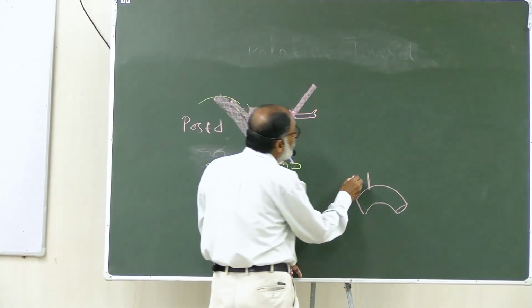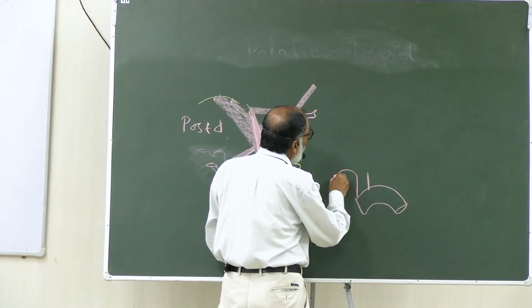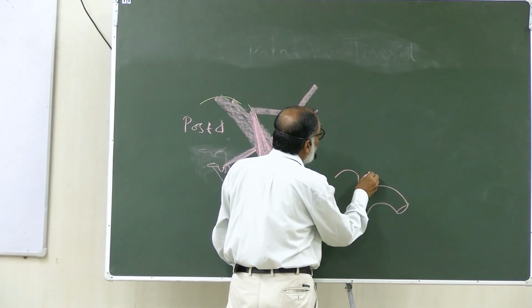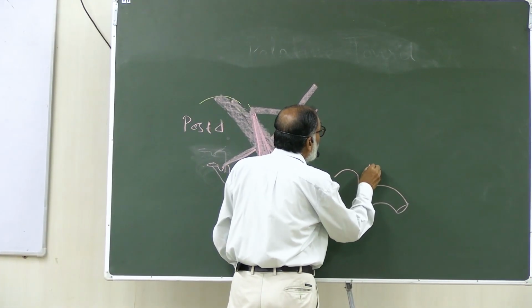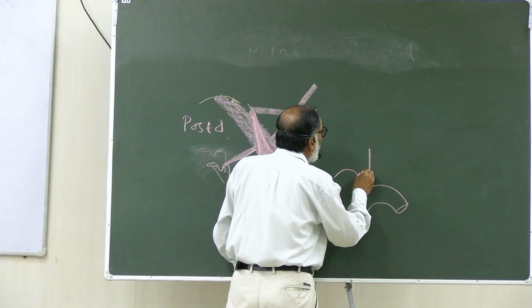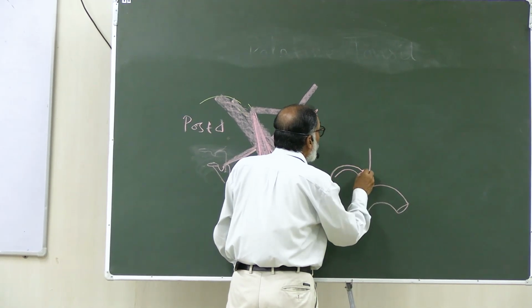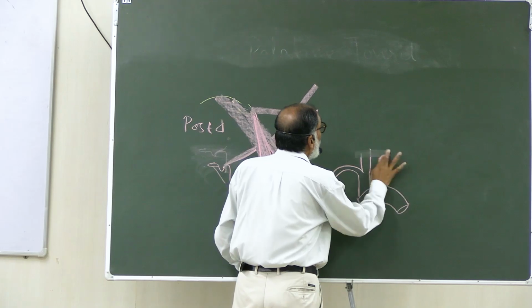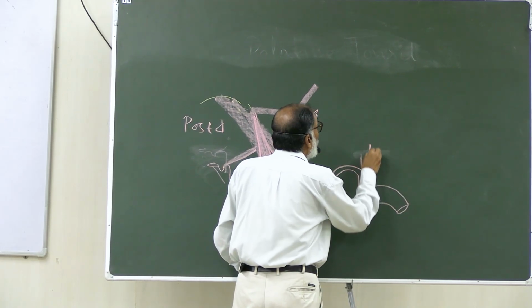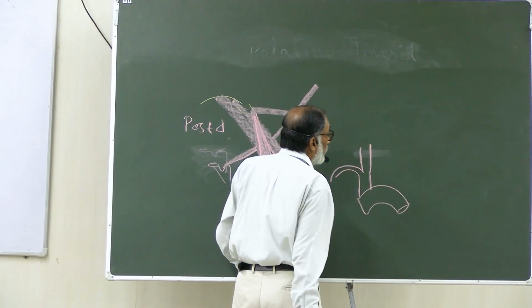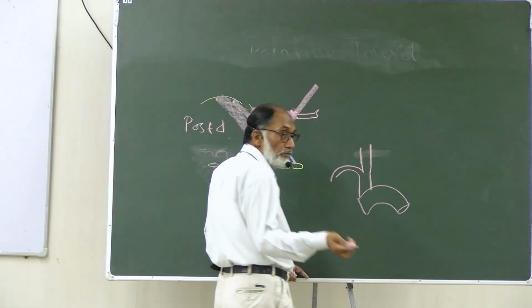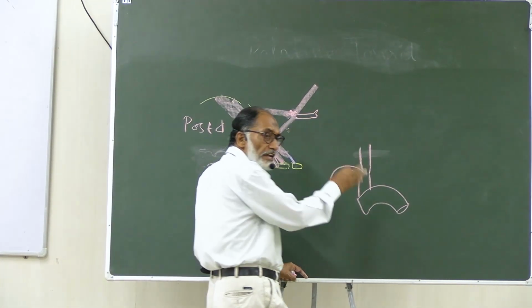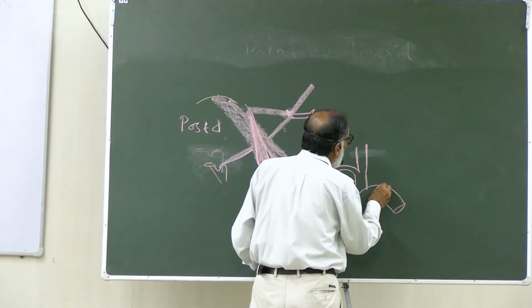The brachiocephalic trunk will divide into two: one is the right subclavian artery, and the other is the common carotid artery. And the left common carotid artery arises directly from the arch of the aorta.